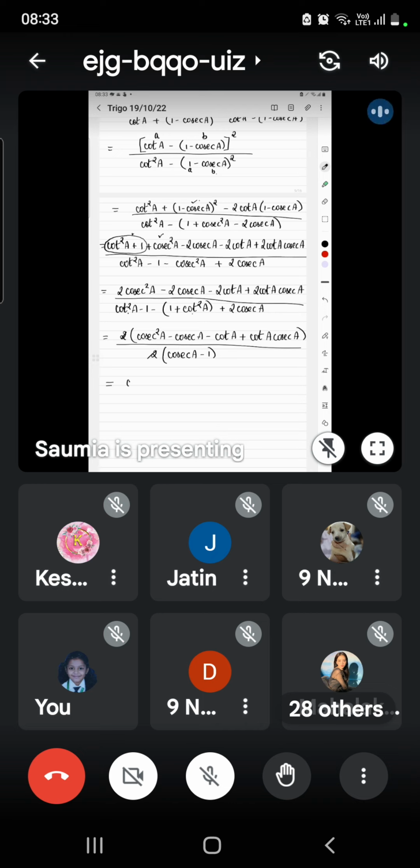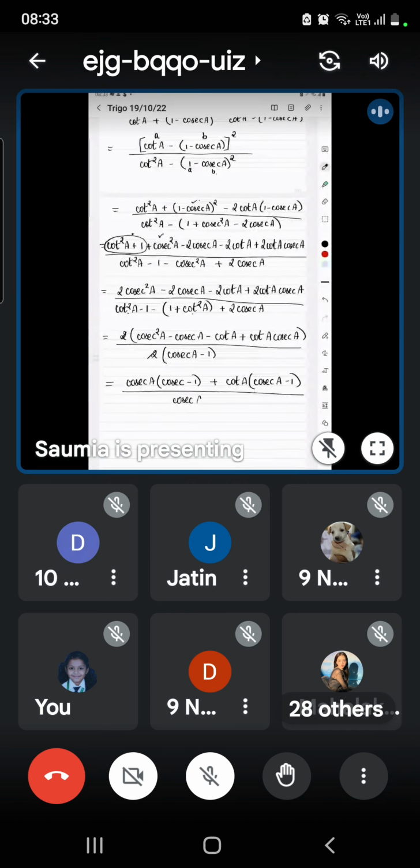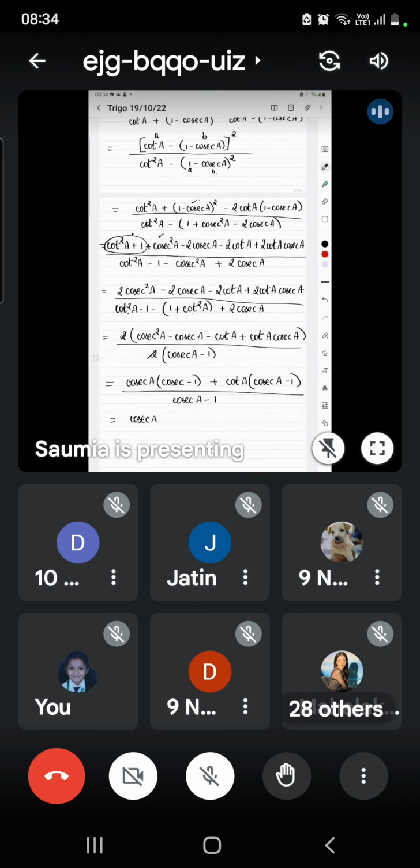Okay. Now look at my numerator. I am taking cosec A common. So I will get cosec A minus 1. And here if I take cot A common, what will I get? Cosec A minus 1 upon cosec A at the bottom. So now again in the numerator, I can take cosec A minus 1 common, and cosec A cot A plus cot A upon cosec A. Right?